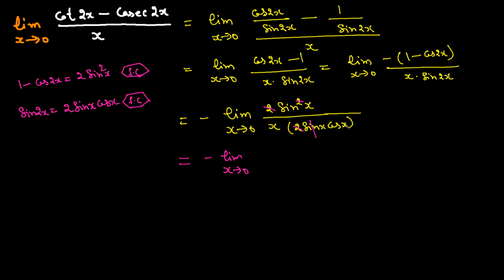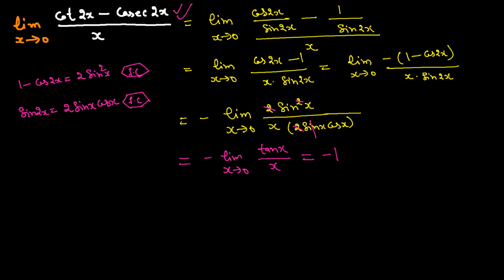Sine x over cosine x gives me tangent x over x, and we all know from the basic limits of trigonometry, as we saw on the first page of this video, the limit of this function as x approaches 0 is 1, and we got a negative there, so negative 1. So that's the limit of this function.